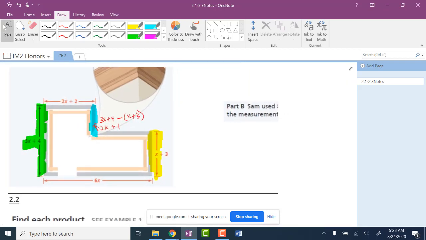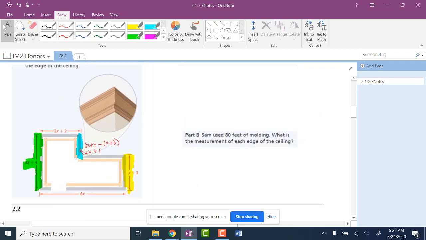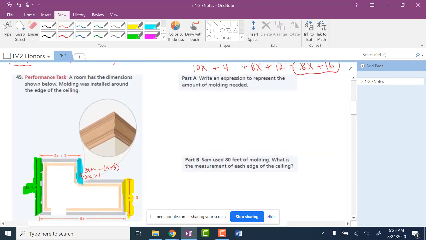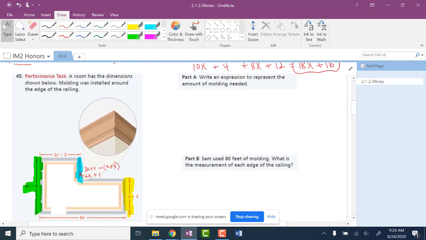Then I can go ahead and answer that question. Write an expression to represent the amount of molding needed. Again, we're going to pretend we need to do this doorway as well, but there's not enough information otherwise to say how much less I need because of that door. So it just ends up being all these added together plus that found 2x plus 1.